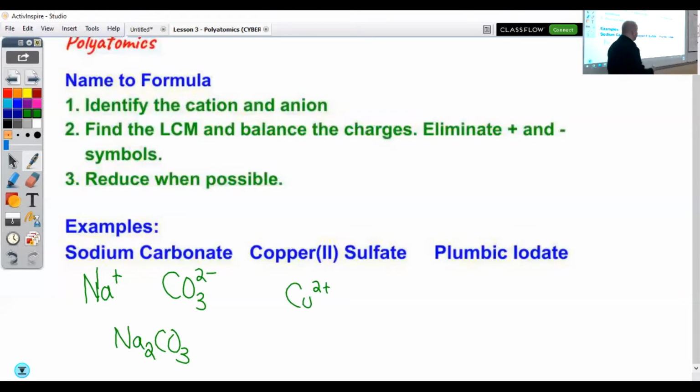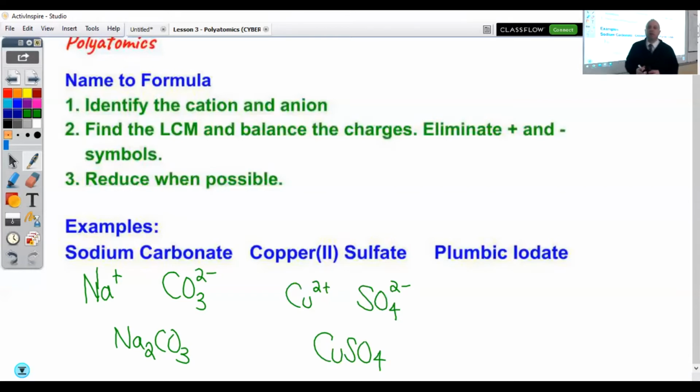When you do that, you'll find out that sulfate is SO4 with a 2- charge. And just like we've seen in previous examples, when we have the same charges, in this case 2+ and 2-, those charges will cancel each other out. So we'll wind up with a formula of CuSO4.